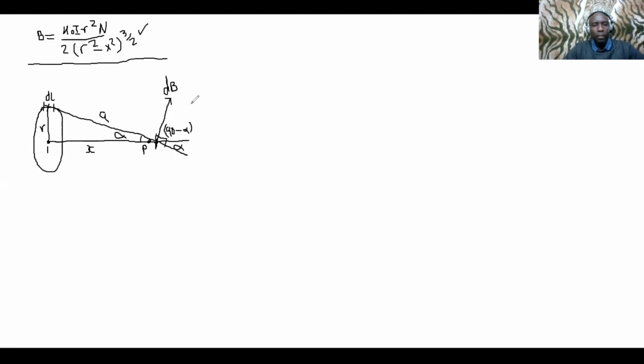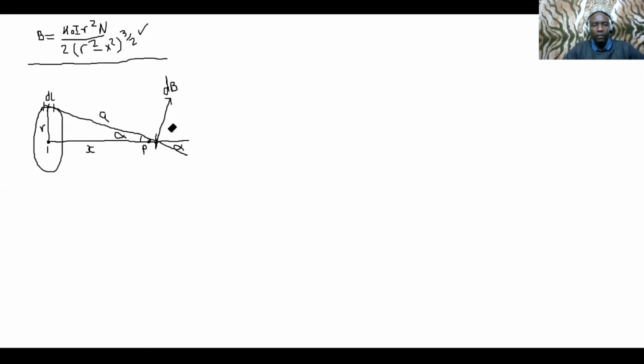In this diagram, we need to resolve this magnetic field, because it is neither horizontal nor vertical. Therefore, we resolve the magnetic field into vertical and horizontal components.